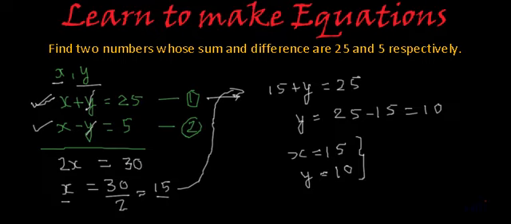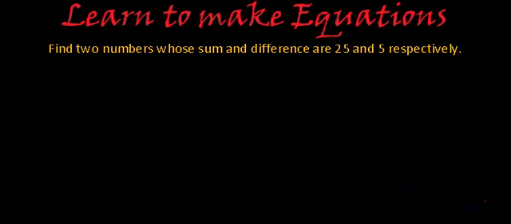And now we will solve this problem using one variable. So let's assume that one number is x. So if we assume one number as x, another number will be 25 minus x. Why? Because the sum of these two numbers is 25, right?